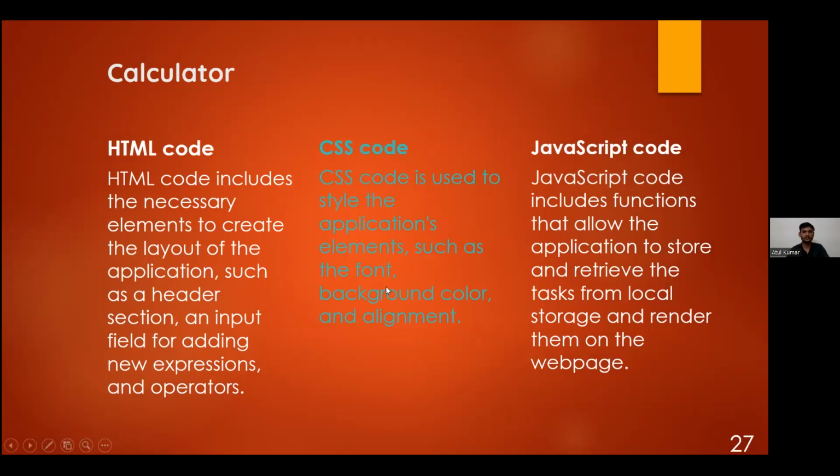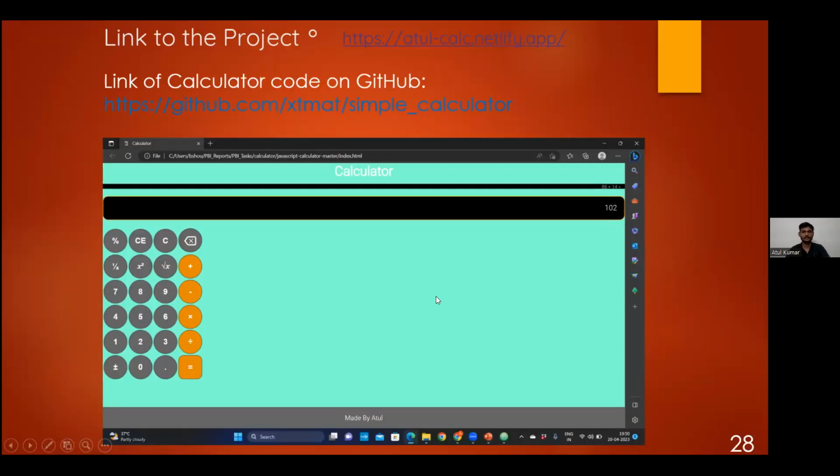HTML code is used for creating the front-end, such as the header section and input field for adding new expressions and operators. I have designed the front-end using CSS code, and for the logic, I have used JavaScript. This is the screenshot of the calculator that I have created.